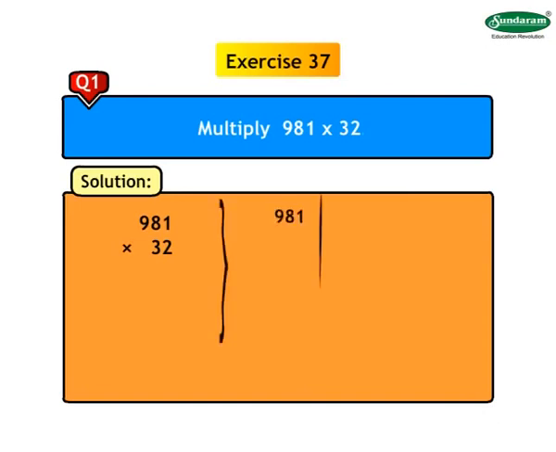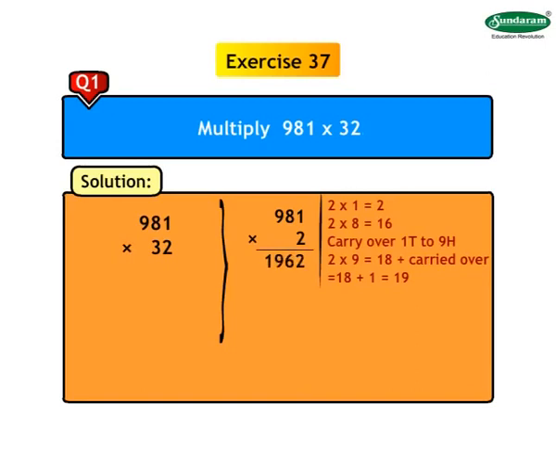That is 981 into 2. We have 2 into 1 is equal to 2. 2 into 8 is equal to 16. Carry over 1 ten to 9 hundreds. 2 into 9 is equal to 18, plus carried over 1 is equal to 18 plus 1, which is equal to 19. Therefore, 981 into 2 is equal to 1962.